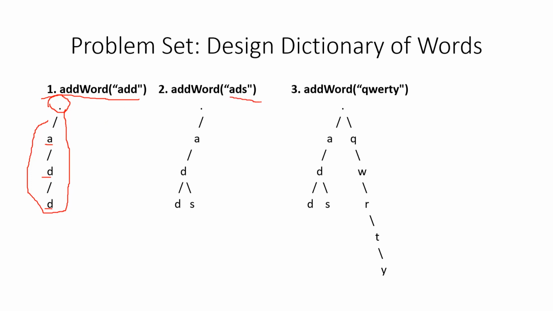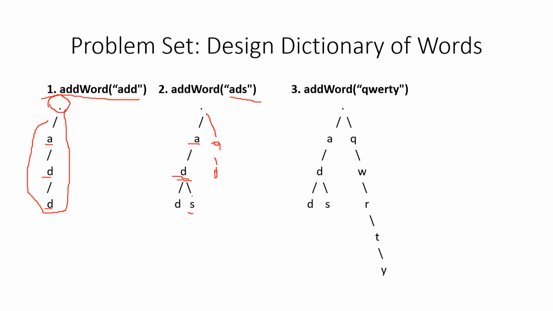Then we have ads. For ads, you don't build one more branch. You just add one more child to add. You don't need to create one more branch with one more a and one more d, because you already have these nodes, and in this ordering the only difference is the s.